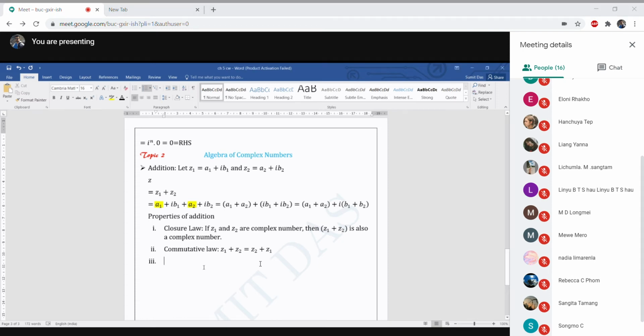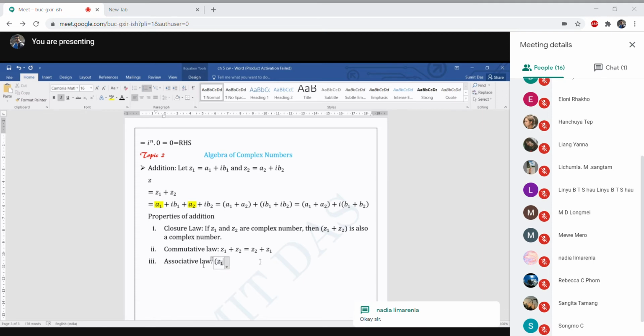Okay. Next is associative law. Look, now you will have more or less basically MCQ type question maximum. So knowing this kind of law is very important, because sometimes this question can come as an MCQ, which law, associative law.